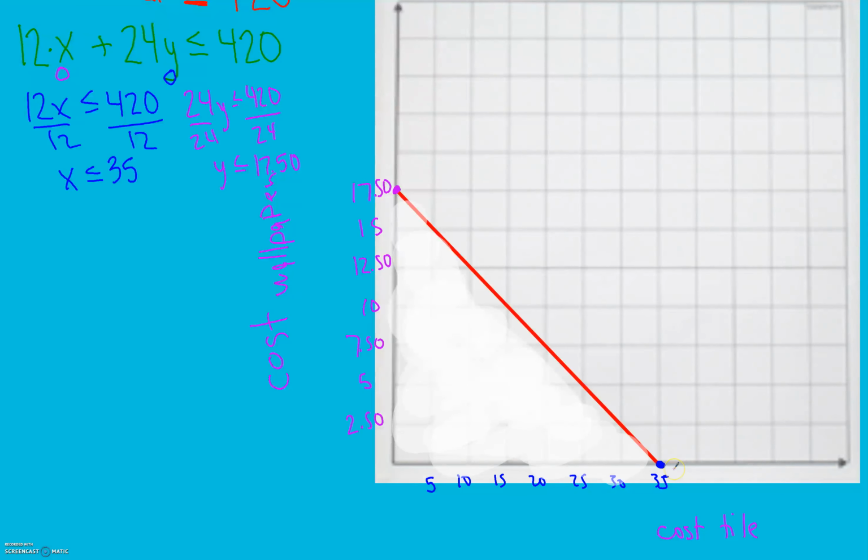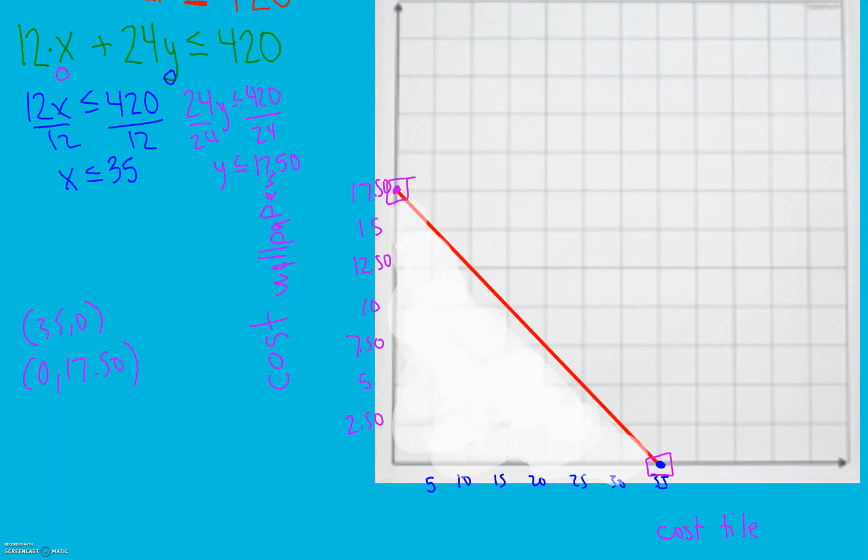We could really use any amount of cost and tile combinations here because things do come in $1.99, in $2.73, and things like that. So we could do $35 tile and $0 wallpaper. We could do 0 tile and $17.50 wallpaper.